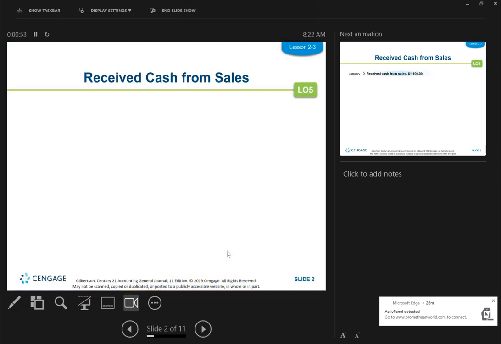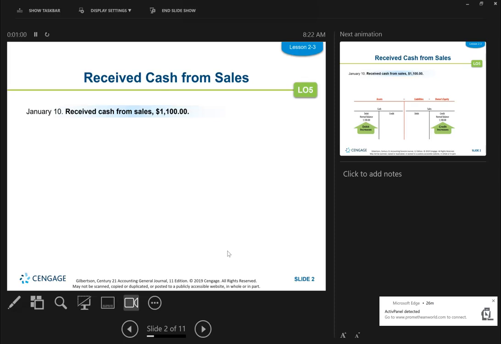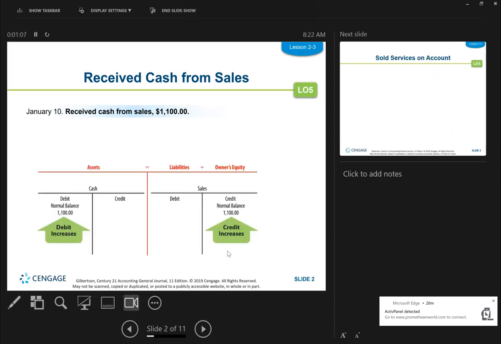So the first type of transaction we'll look at is receiving cash from sales. So let's say that we received $1,100 cash from selling a good or service. So the two accounts that this is going to affect are cash and equity. So again, the sales side is a liability and equity side account.